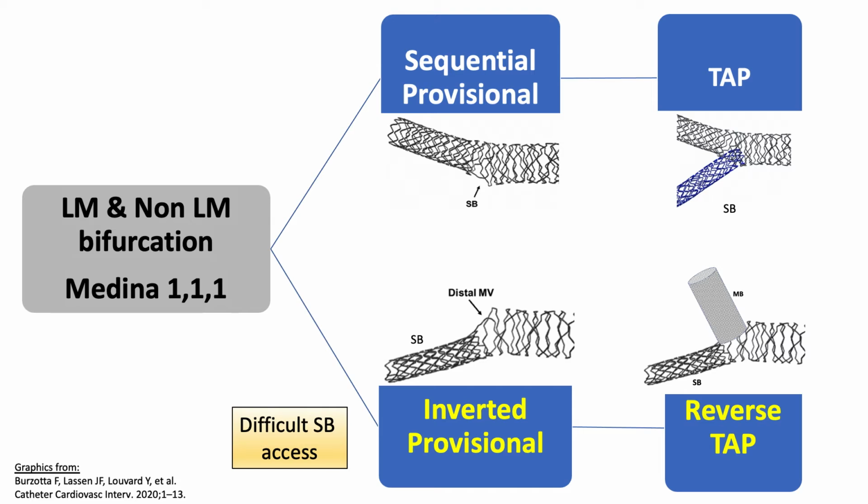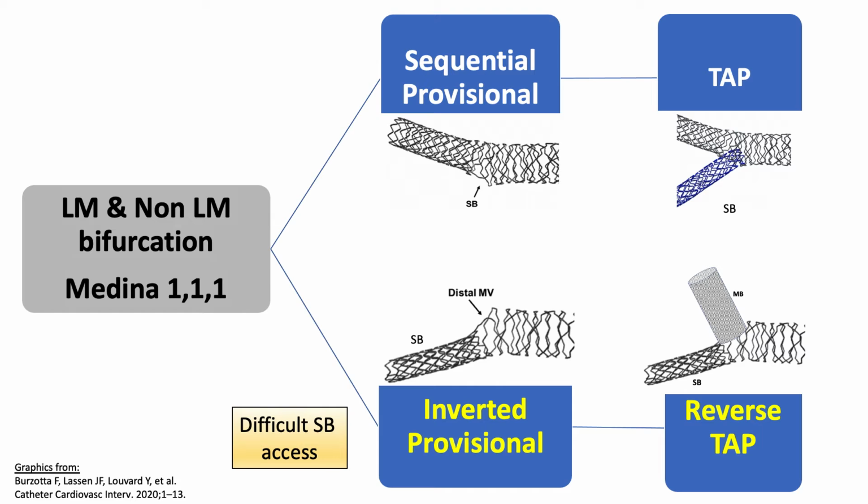However, if the side branch access is very difficult, or if the ostium is extremely calcified and a very tight lesion is there and you want to secure the side branch first, you can still go with the inverted provisional approach, which is basically from the main branch into the side branch stenting, and then keeping access to the main vessel with kissing, followed by POT.